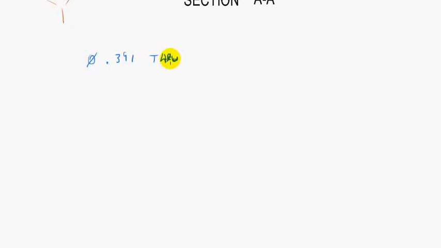And then they will sometimes say C-bore, which stands for counterbore, 0.625, and they'll actually write out 0.38 deep, or they may abbreviate it to 0.38 DP, something like that.